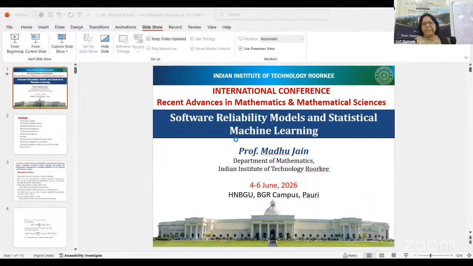So first, the non-homogeneous Poisson models are stochastic models, and stochastic models are more realistic in comparison to deterministic models. And we are using various kinds of distributions, which we will also discuss. When we take a distribution, we use the PDF, probability density function, and the cumulative distribution function.